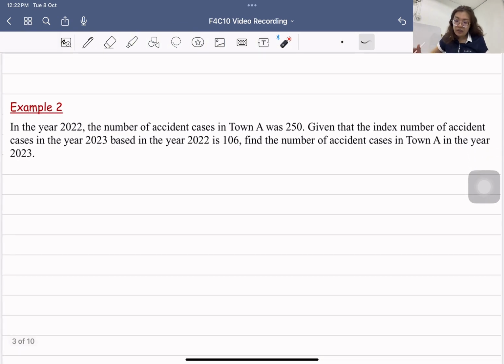Example 2. In the year 2022, the number of accident cases in town A was 250.